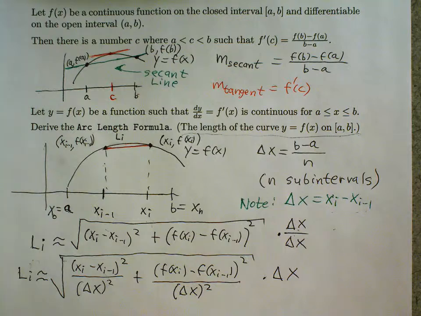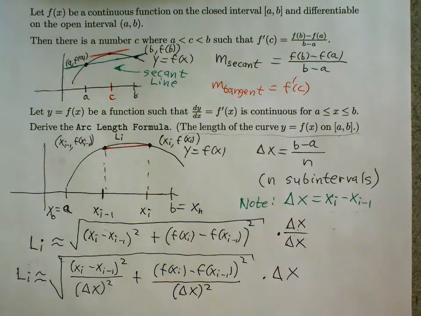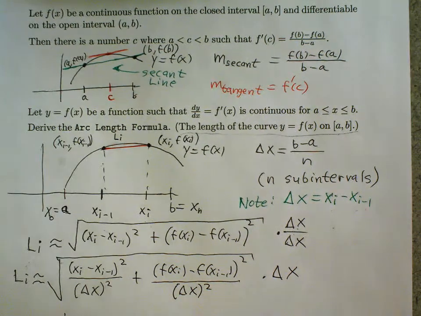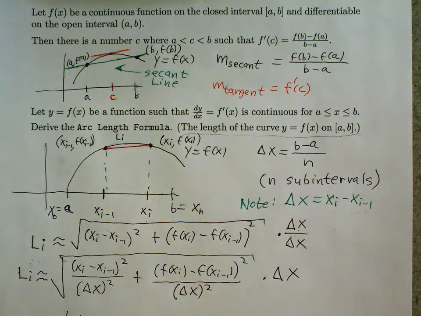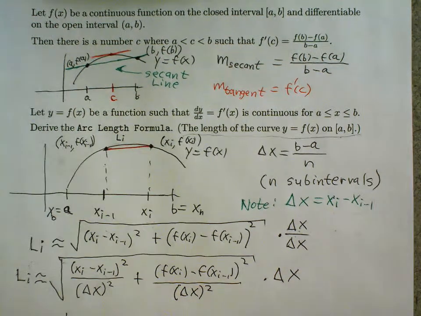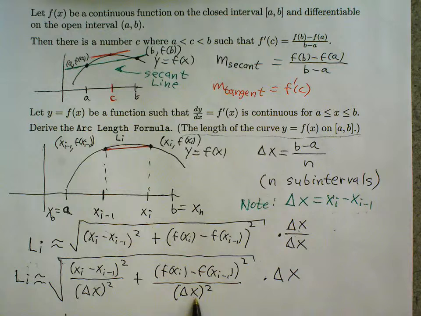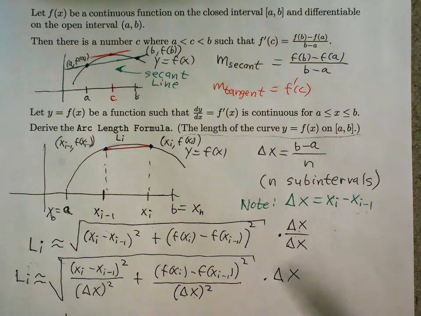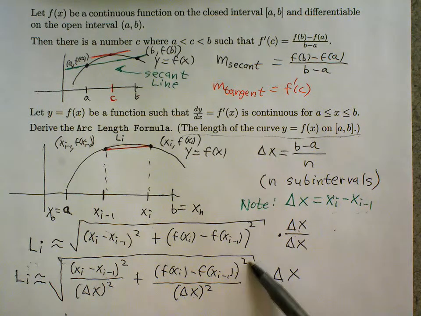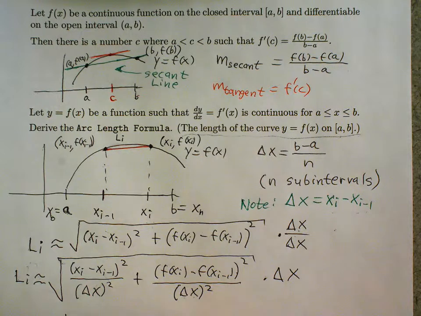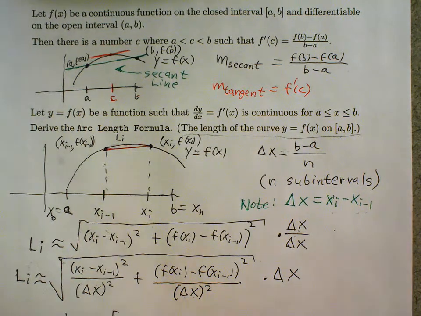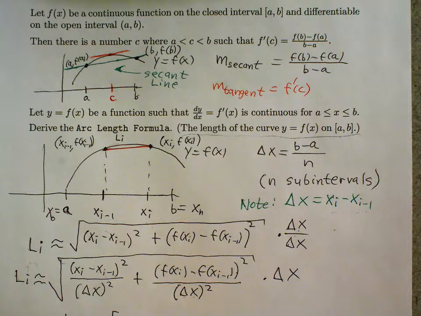So L sub I is approximately equal to the square root. This term is 1. And the term on the right, we're also going to replace delta x with x sub I minus x sub I minus 1. But we have a quantity squared in the numerator divided by a quantity squared in the denominator, and we can write that as a single rational expression squared.